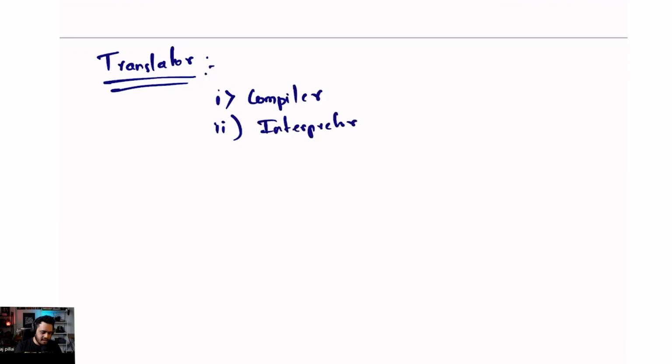How many types of translators do we have in the programming world? One is the compiler and the next one is the interpreter. Understood? Let us see what is the difference between those two. Now let us focus on our compiler.